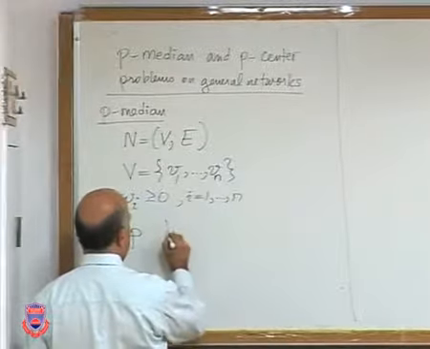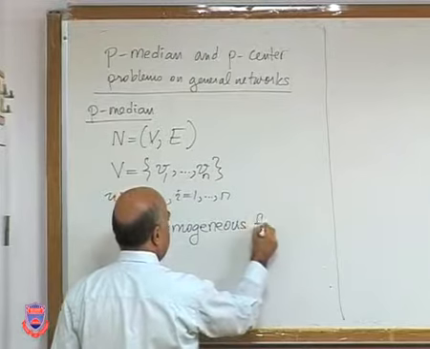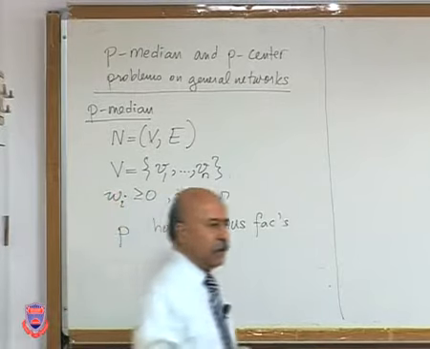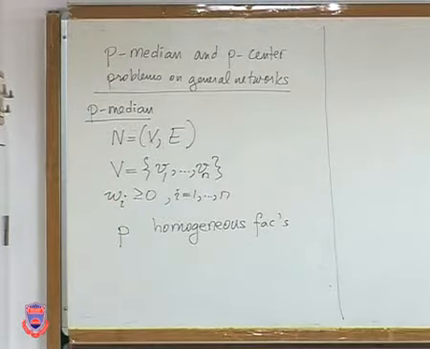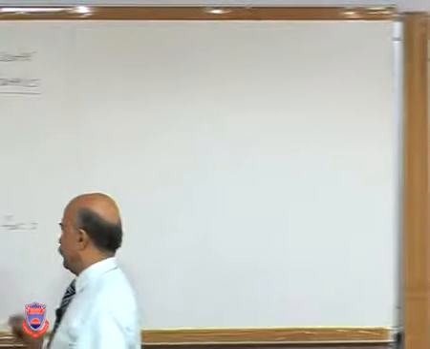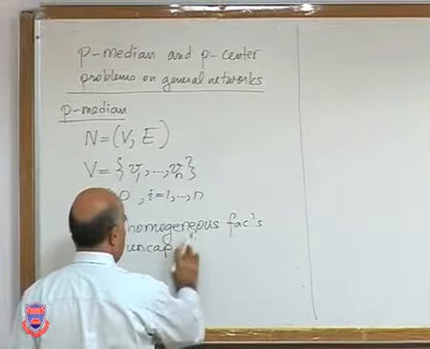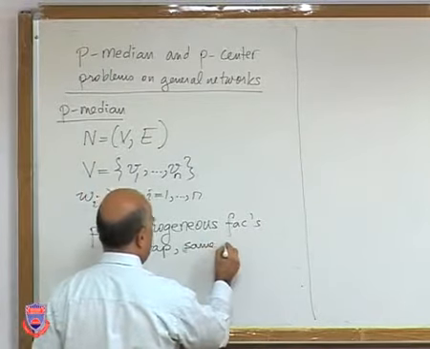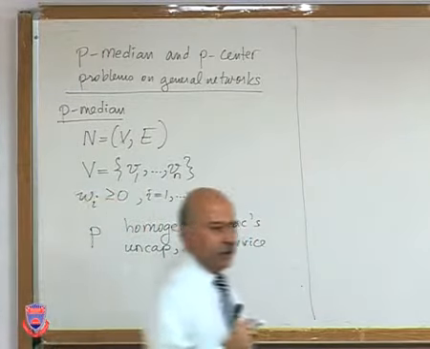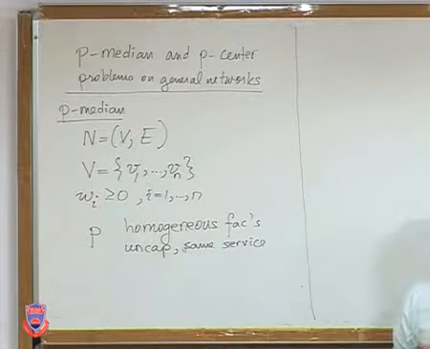So P homogeneous facilities are to be located. Homogeneous meaning here that they are uncapacitated, if you want to take a note of that, and they all provide the same type of service, so that you don't have any preferences between the facilities other than the accessibility.